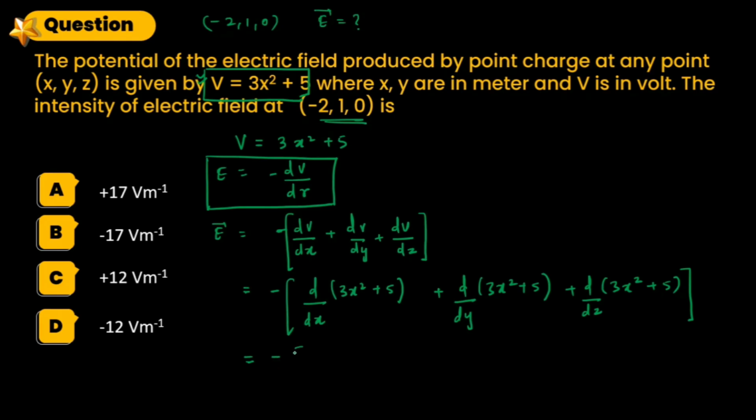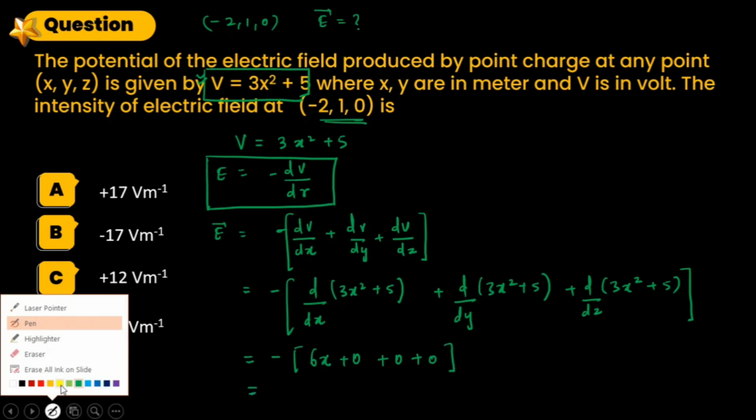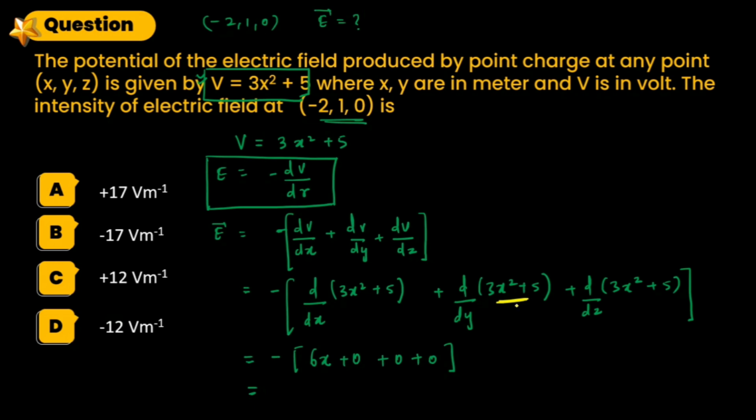So if we differentiate it, we're going to have 3 into 2, that is 6x, plus 0 plus 0. Why do we get 0 here? Because there is no y, there is no z, but we are differentiating with respect to x, y and z. Here it has x, so when we differentiate, the power will come forward, we apply the chain rule, and that is going to be 6x.